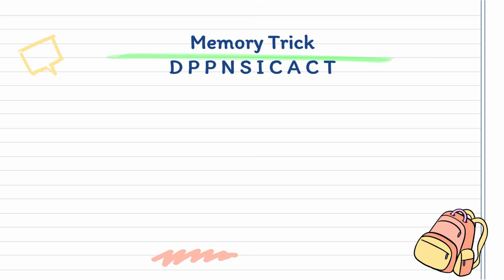One simple memory trick. So finally here is a simple memory trick to remember the main features. Just remember this code: DPPNSICACT.